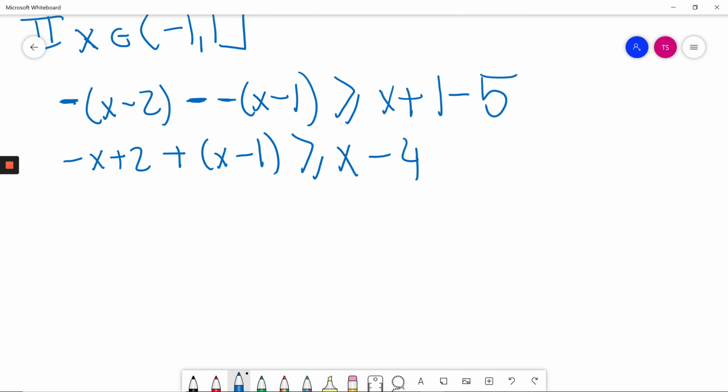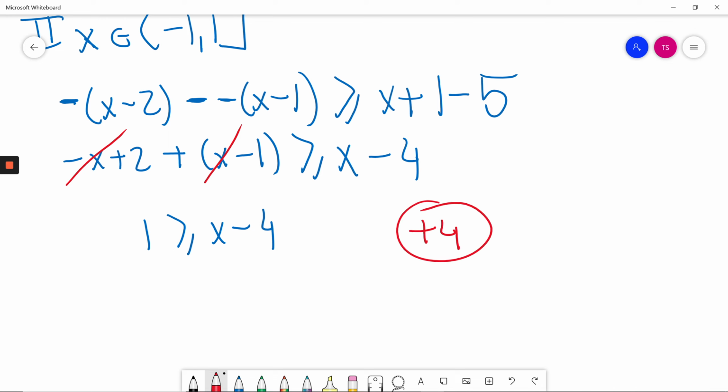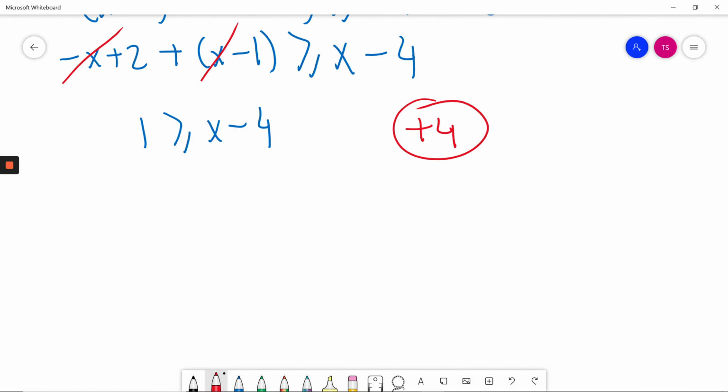So minus x plus x, this will just go. So 2 minus 1 is just 1, is more or equal to x minus 4. I'll do plus 4 on both sides. Five is more or equal to x, so x is less or equal to 5.